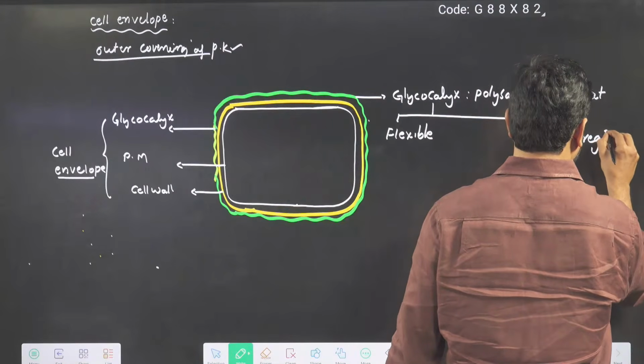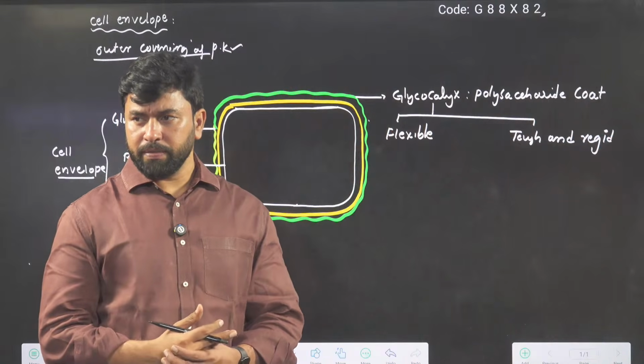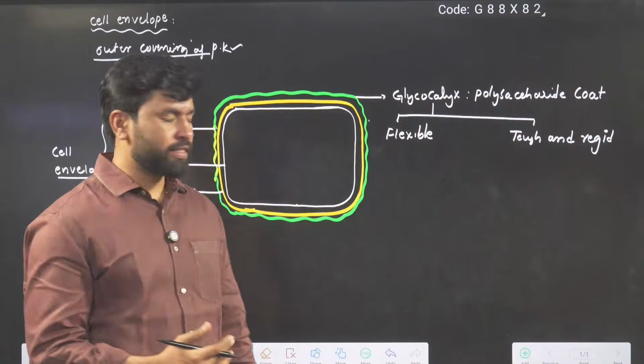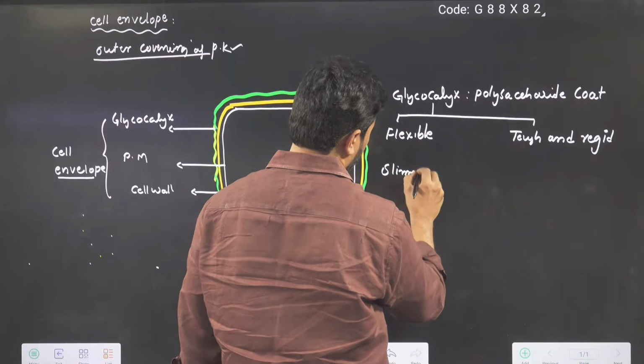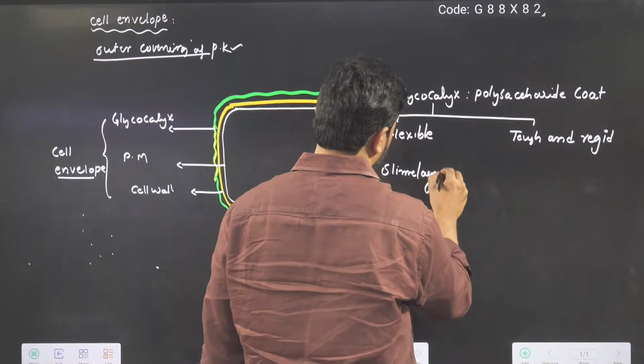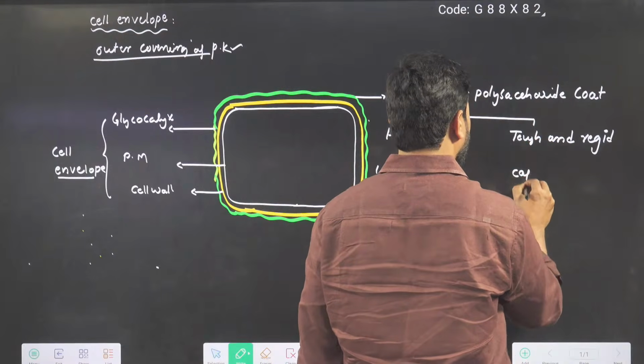If it is a flexible layer, the glycocalyx is called a slime layer. If it is tough and rigid, that's called a capsule.